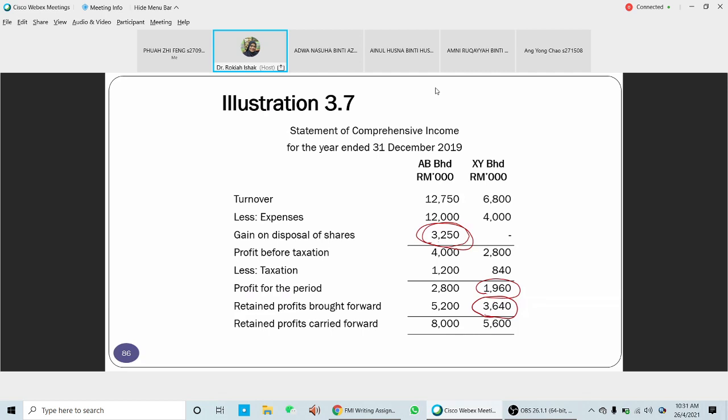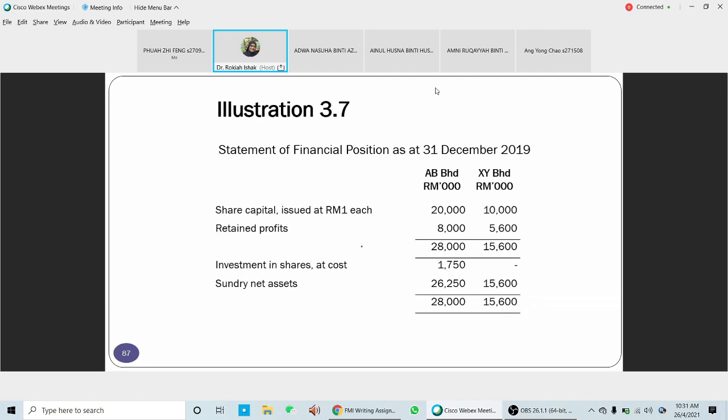Another thing that you need to focus on here is this one. The investment in AB here is before AB is a parent in XY. If you look at here now, the balance of the investment is only 1750. At the beginning, at the acquisition stage, you have investments of 14 million.